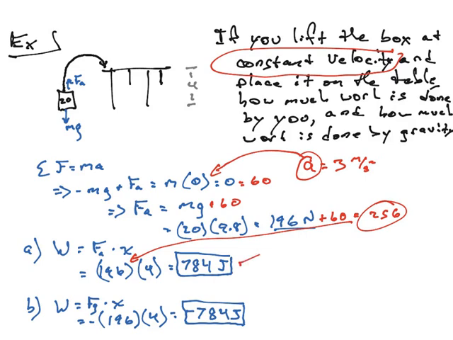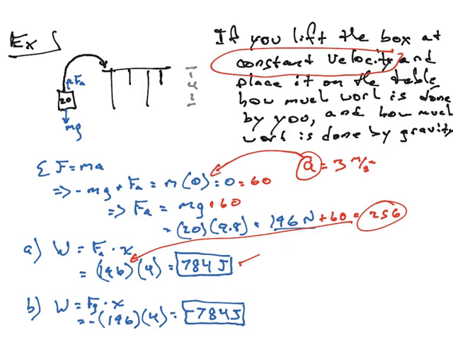And so this will be a bigger number. Now, would it affect part B? No, it would not affect part B, because part B just asks about the weight. And the weight is what it is. It doesn't care if it was accelerating or not. So part B would stay the same, but part A would be a bigger number.